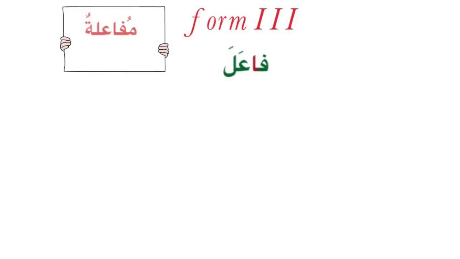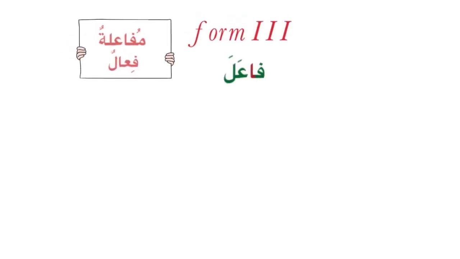So here the form 3, there are two patterns on which the masdar is made. So one is the mufa'alatun, and the other one is fi'alun. So this is the masdar patterns, bab fi'alun, if you can remember, or bab mufa'alatun. So form 2 is bab taf'il, if you want to remember, and bab 3, form 3 is bab mufa'alatun.